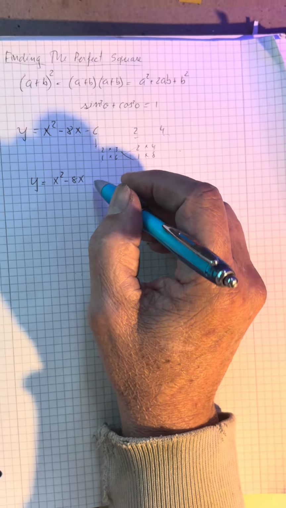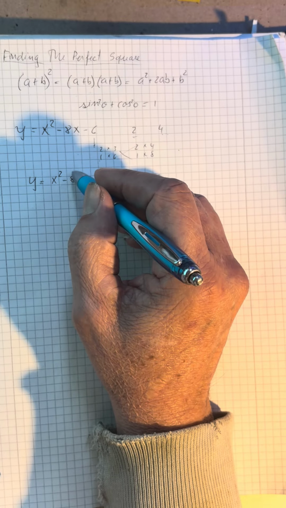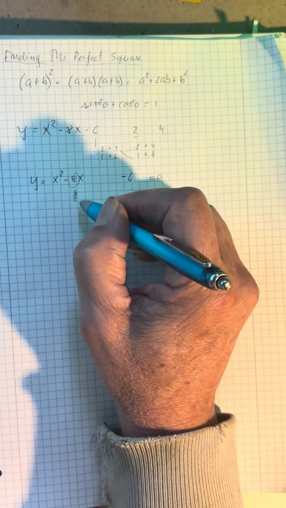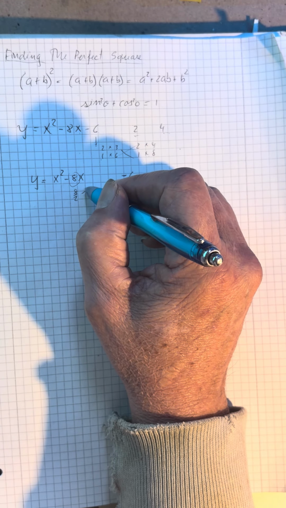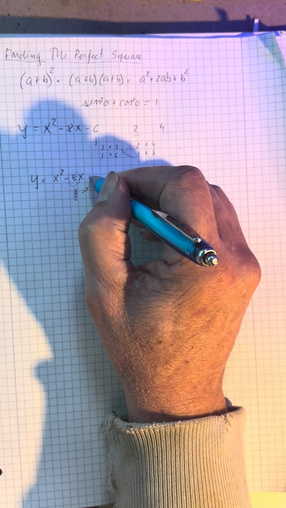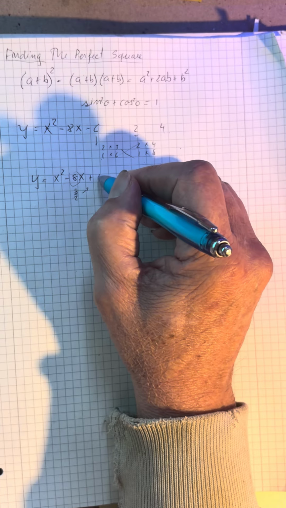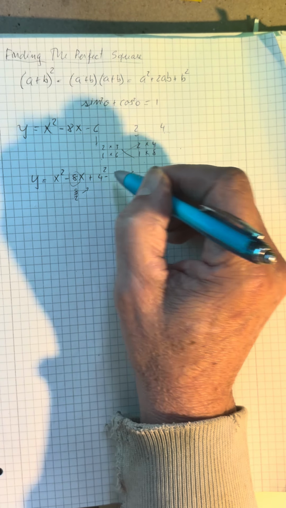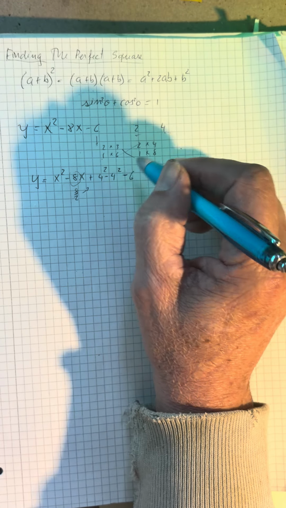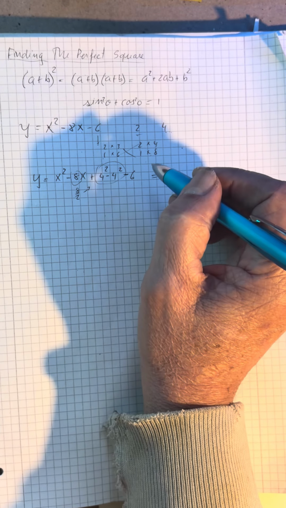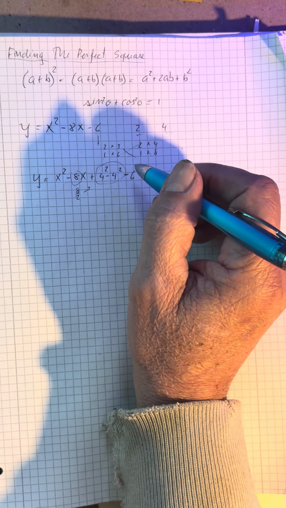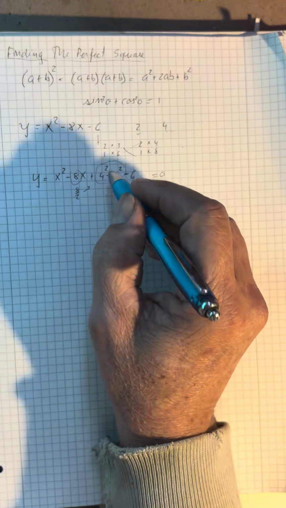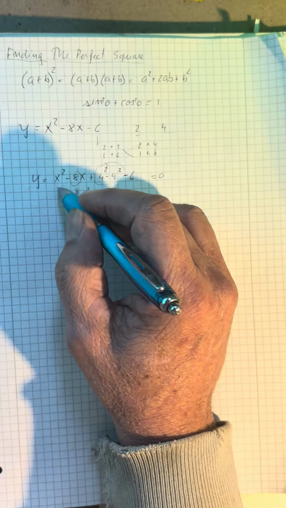So we have to take this number, half of it, so 8 divided by 2, and then we square it and put it here. So that will be 4 squared. But because we're adding 4 squared, we also subtract 4 squared, because we are not doing anything to the equation. We are changing the looks, but it is still the same. But we can use this 4 here to complete the square.